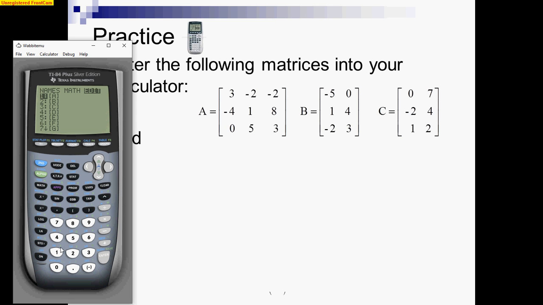So I'm going to go ahead and hit 1. And if your memory has been cleared, this is just going to default back to a 1 by 1. So first you have to tell it what size matrix you want. Matrix A is a 3 by 3.